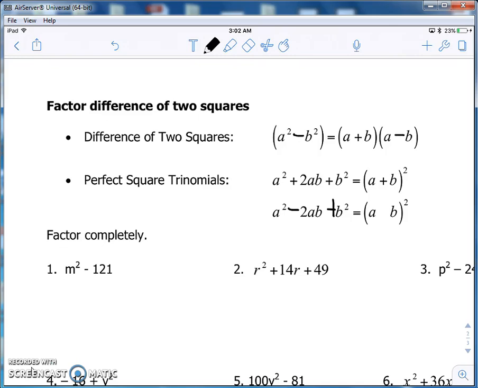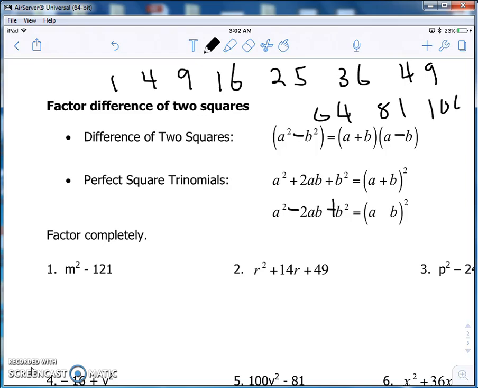Alright, it may help to list your perfect squares. So on your paper you might want to write 1, 4, 9, 16, 25, 36, 49, 64, 81, 100.